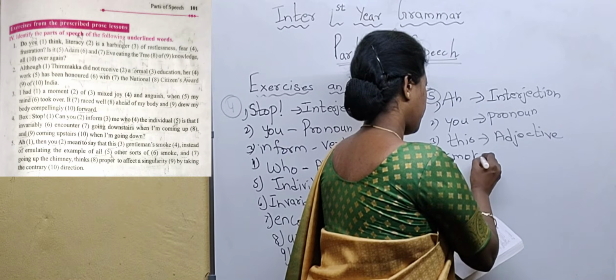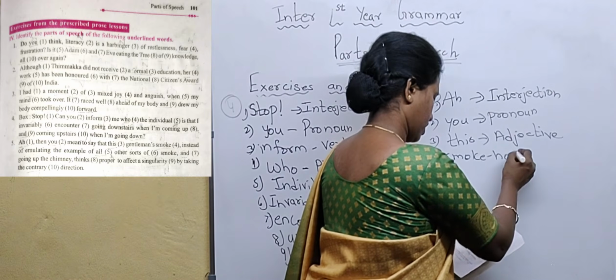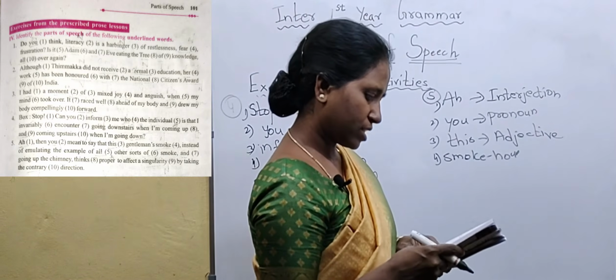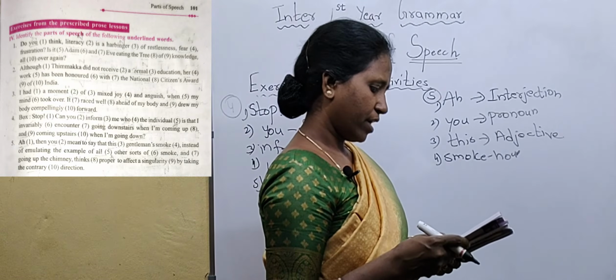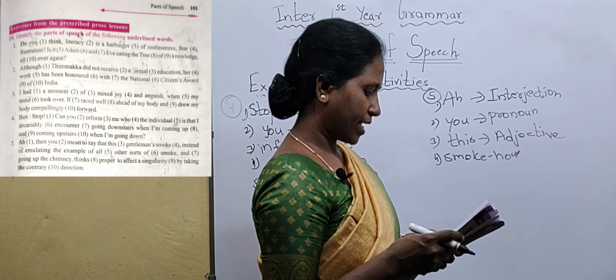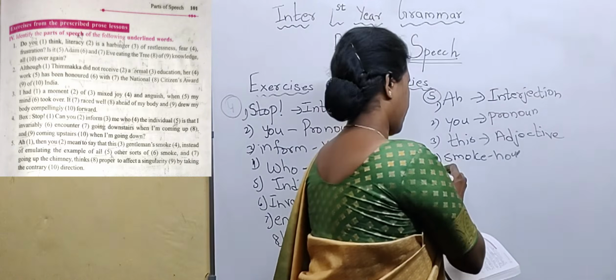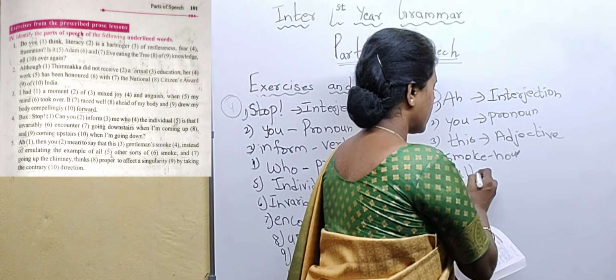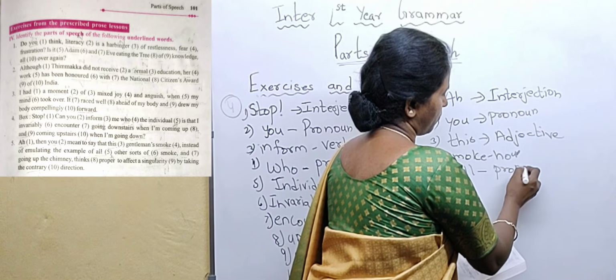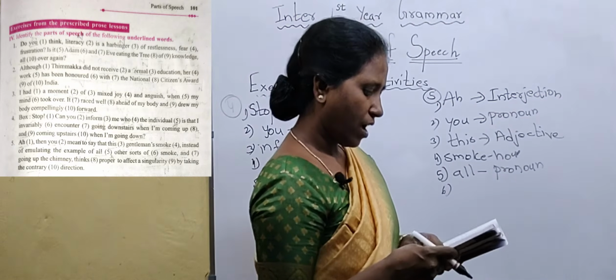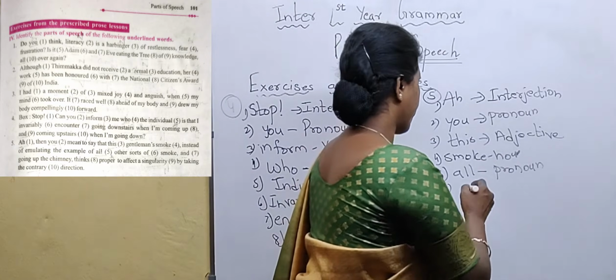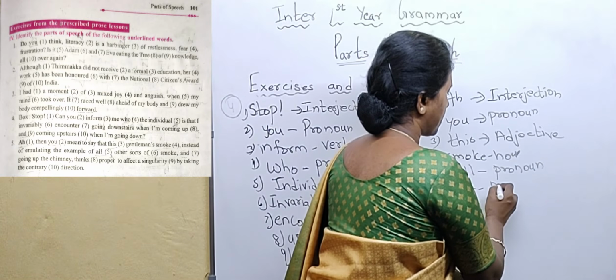Smoke is a noun. Gentleman smoke, instead of emulating the example of all. All is a pronoun. Okay. Other sorts of. Of is a preposition.